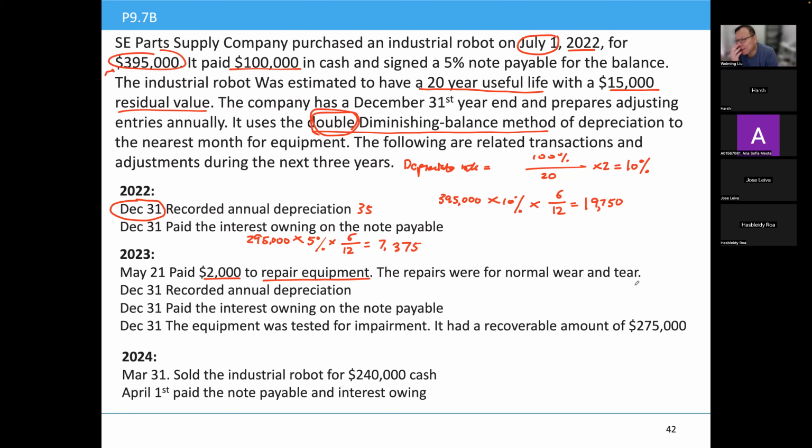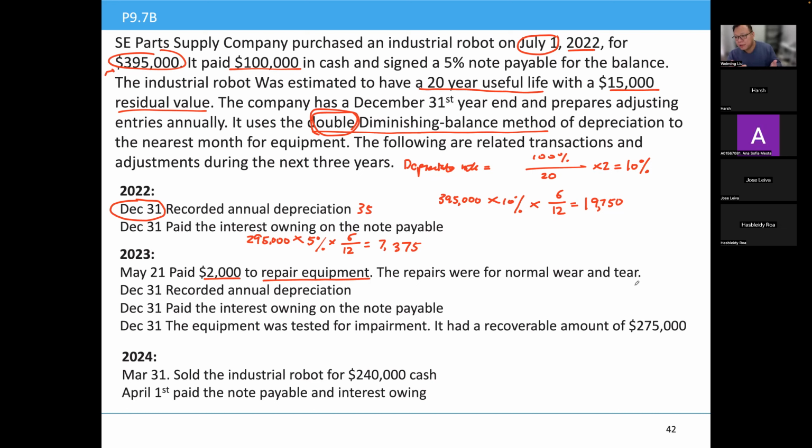I gave examples: capital expenditures will extend the number of years of useful life. Capital expenditures enhance the asset's ability to generate future cash flows, future revenues. The operating expenditures are only for maintenance, for regular repair, for normal wear and tear.